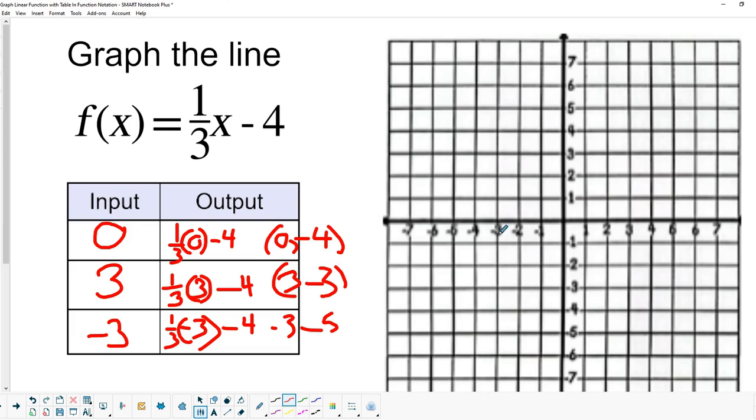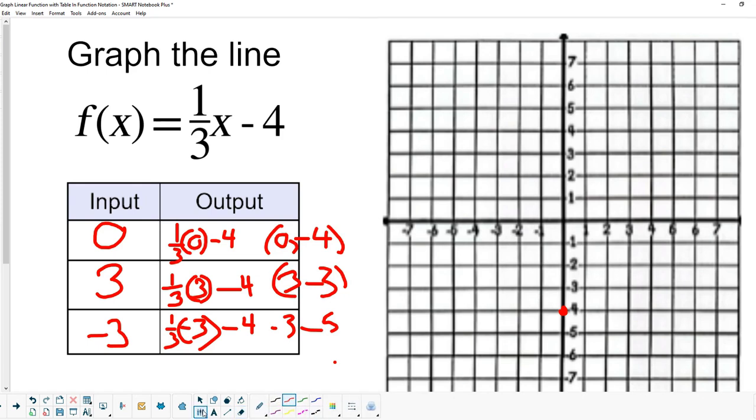All right, so let's graph those. 0 and negative 4: we start at 0 and go down to negative 4. Then we go over to 3, 1, 2, 3, and down, oh wait, up 3. No, we got to remember that's 3 and negative 3.